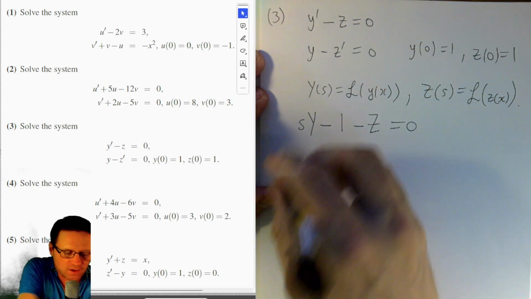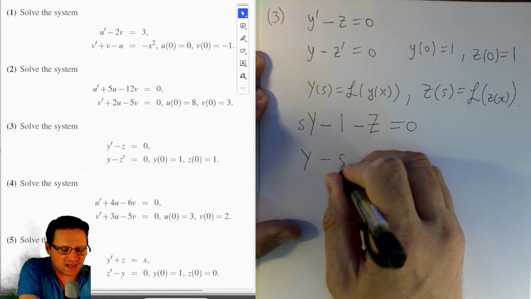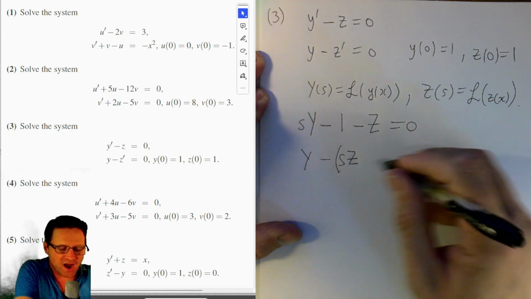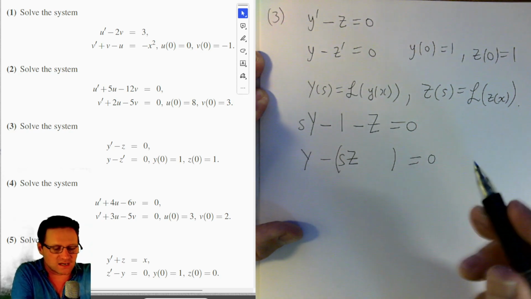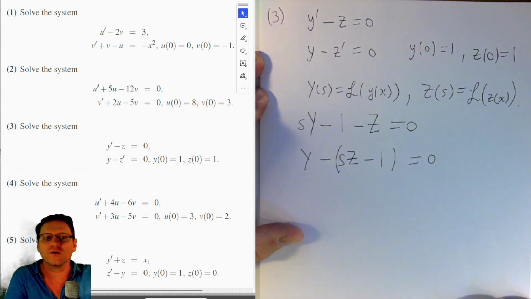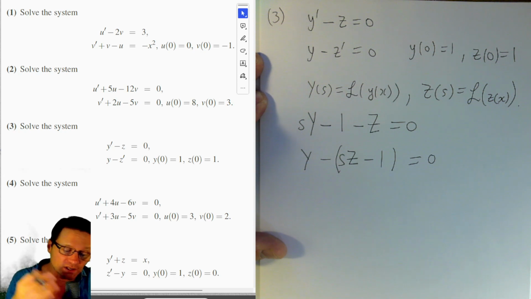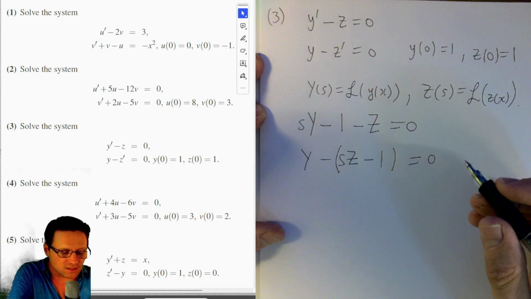Now for the second equation, we have uppercase y minus s z. Now let's put a bracket around this to be careful. So sz minus that 1 for lowercase z of 0. Okay, so now that we have this, we need to simplify this and collect like terms.